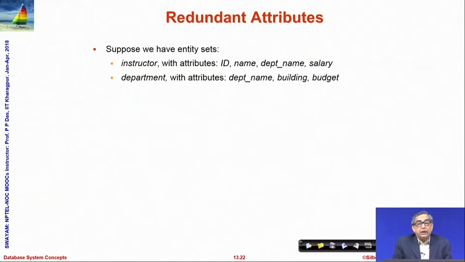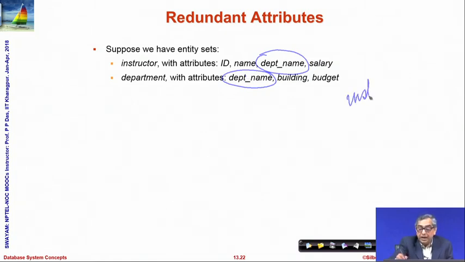Some attributes in the design may turn out to be redundant also. Consider this, you have already seen this. This is an instructor which has a department name along with the different attributes, and certainly I have a department table, which is the department relation that gives the details of the department.